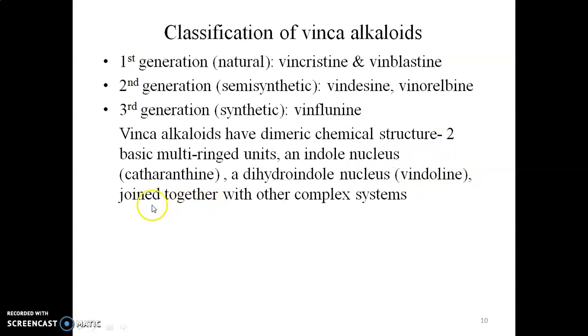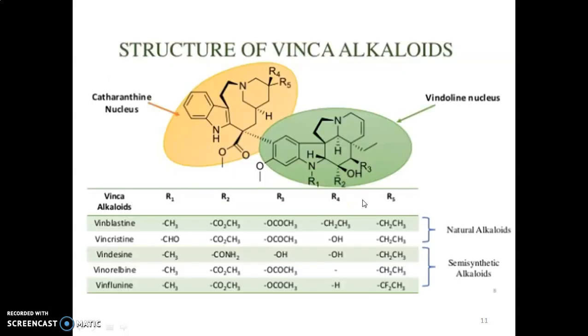These 2 nuclei are joined together with some other complex systems. So you have the catharanthine nucleus over here and the vindoline nucleus over here. This complete structure forms the Vinca alkaloids.